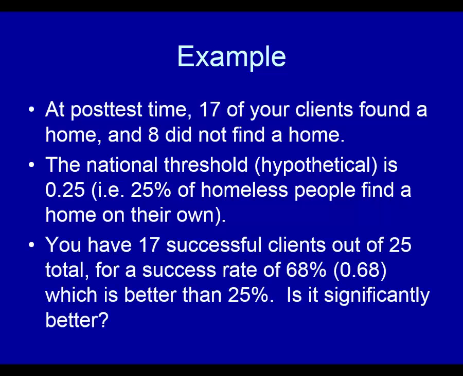So you have 17 successful clients out of 25 total for a success rate of 68%. Now this is better than 25%, but is it significantly better? If your rate was not better than the proportion, if your rate was 20%, you don't need to look at statistical significance because you already know your hypothesis was not supported. If it is better than 25%, then you look to see whether or not it is significantly better.